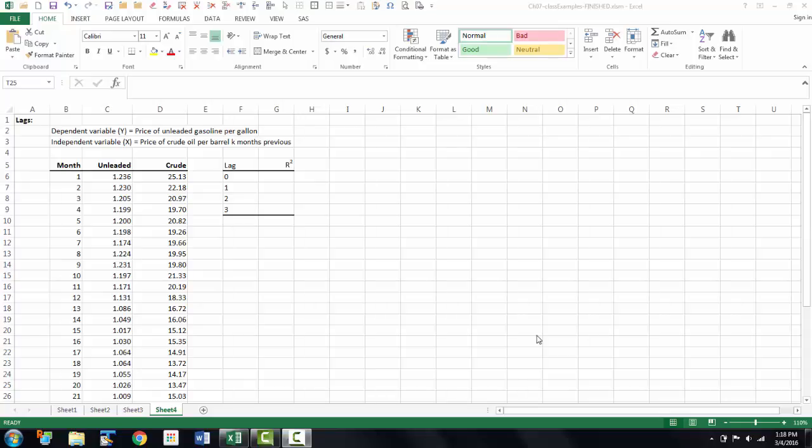In this example, I'm going to discuss the concept of lag between the dependent variable and the independent variable for the purpose of forecasting. And the idea is sometimes the independent variable, the predictor variable, may have an impact after a time lag. For example, mortgage interest rate and housing starts.